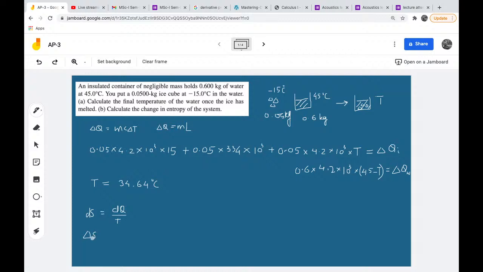So the finite change in the entropy will be equal to the integration of dQ by T from T1 to T2. Now dQ can be written as m c dT, and m and c are constant, so they will come out.